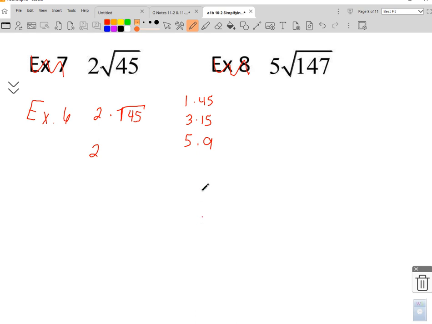Yes, 9. So let's write the perfect square first. So times the square root of 9 times the square root of 5. What's the square root of 9? 3. So this is 2 times 3, which is 6 square root of 5. That's it.